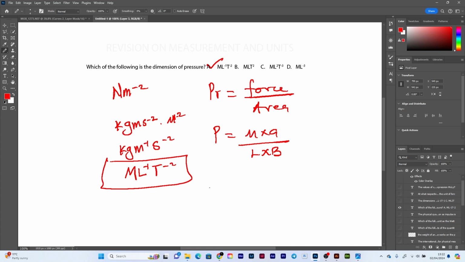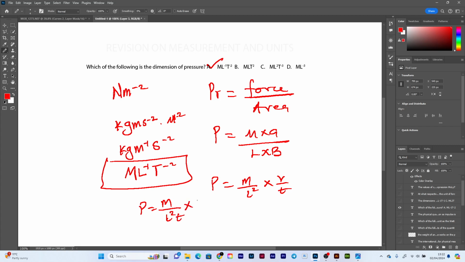Now, we already have this one to be fundamental, and this one also is fundamental because breadth is the same thing as length. So I can just say M all over L square multiplied by acceleration. I'll kind of do a cheat here. For WAEC students, you might not do it. Let me just break it down. Acceleration will be velocity over time, right? So that means I'm having pressure to be mass all over L squared T multiplied by velocity, right?